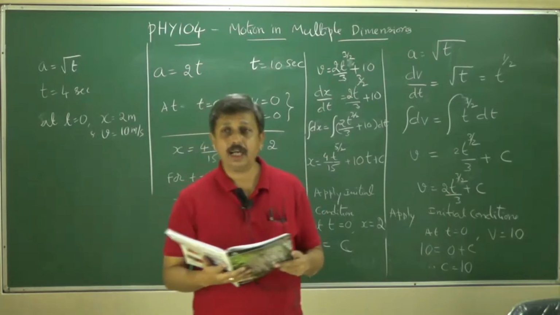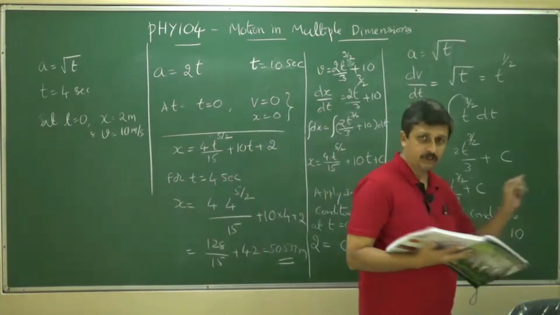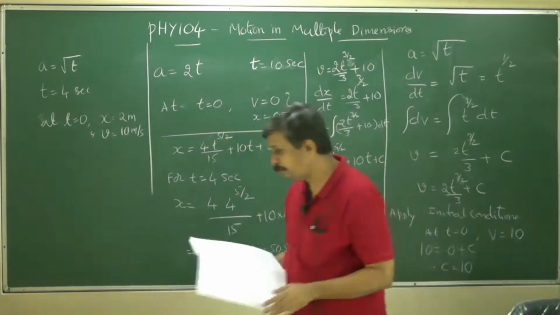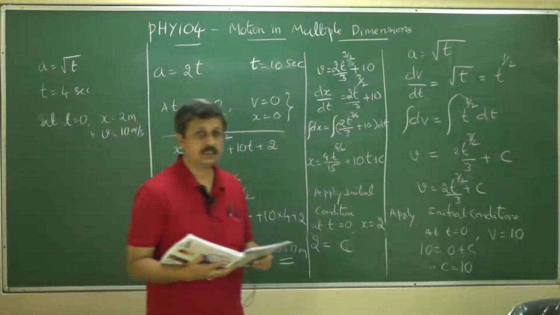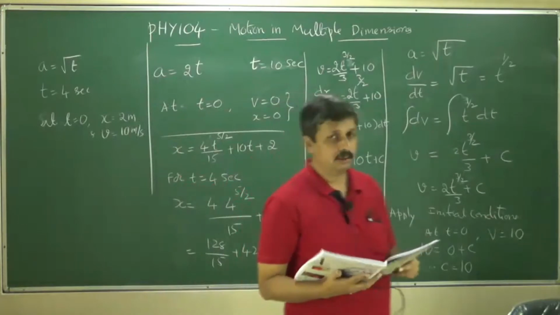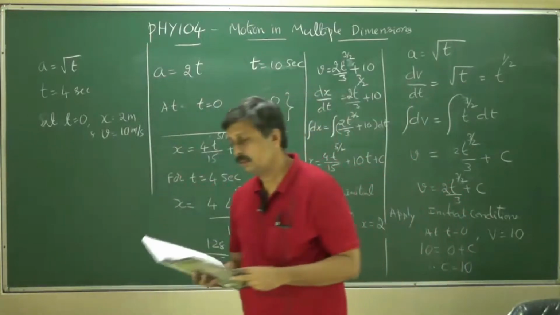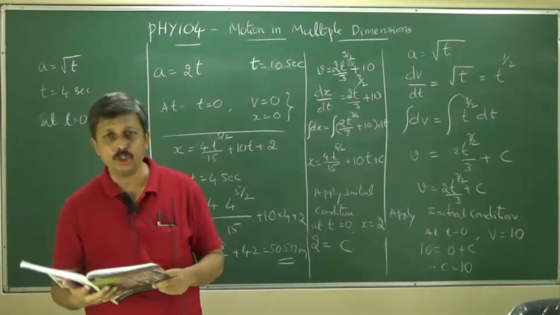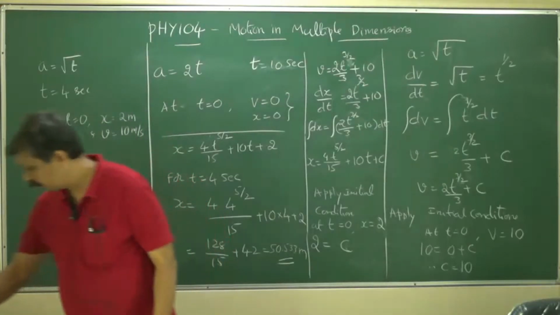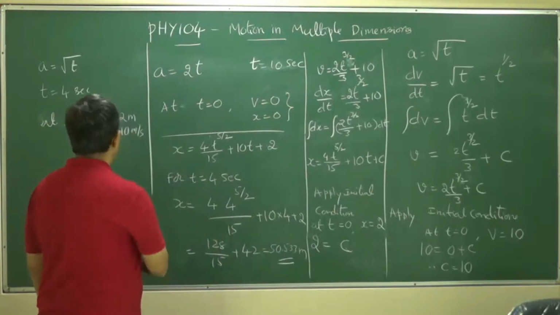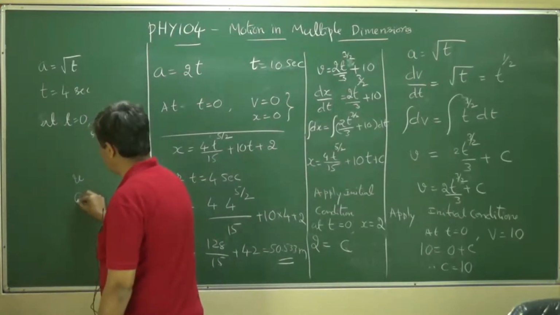Okay, lastly, write down this part also. Assume the initial velocity to be u, and initial acceleration to be a naught.